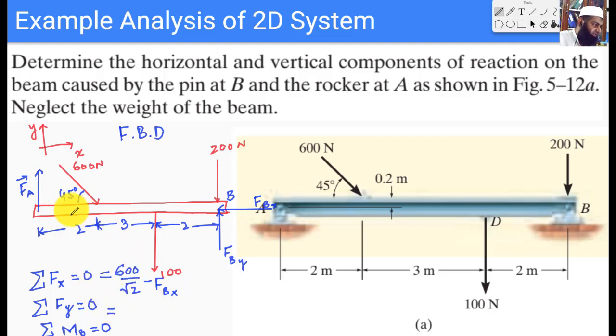The second equation is for all the forces in y, which means FA minus 600 divided by square root of 2, that is this force, minus 100, that is this force, minus 200, that is this force, and then we have plus FBY.